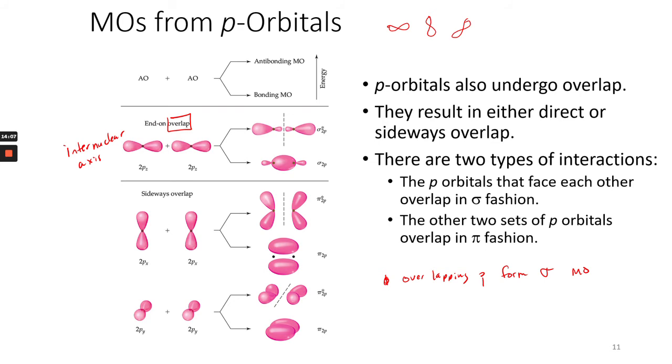And those are going to form your pi. These are called sideways overlap. They form pi molecular orbitals. So in your p, you're going to have 1 sigma and 2 pi molecular orbitals formed.